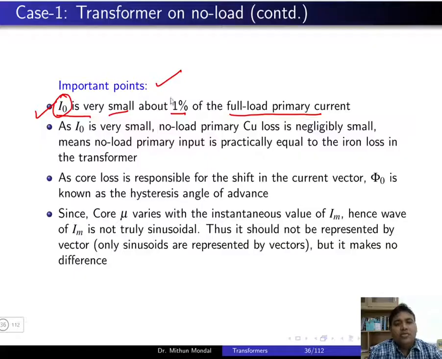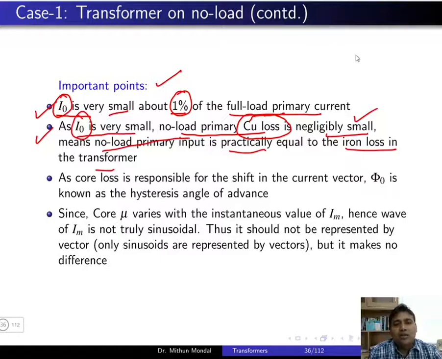Second, as I naught is very small, the no load primary copper loss is negligibly small. The copper loss associated with the primary winding you can neglect, because the current I naught is very small. This means the no load primary input is practically equal to the iron loss in the transformer.